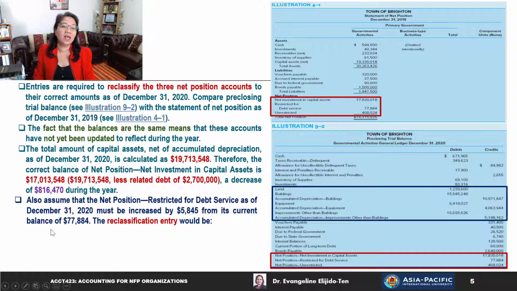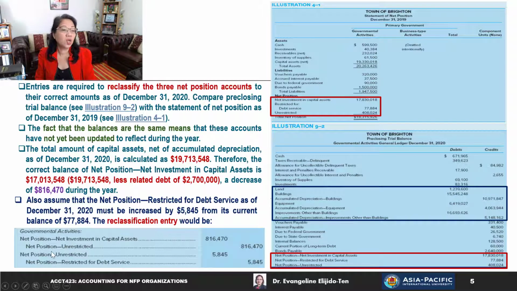All right. And so the reclassification entry would be debiting net position, net investment in capital assets, the one that we've calculated here, 816,470, and credit net position unrestricted for the same amount.